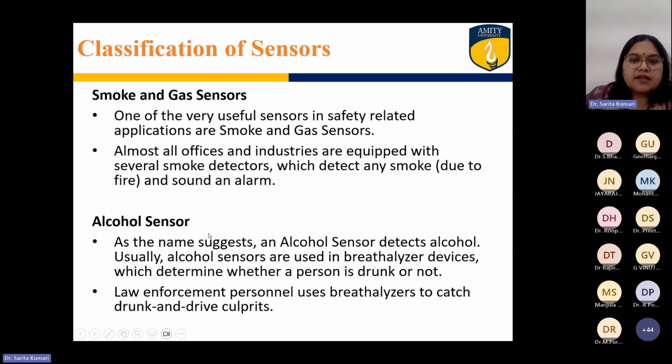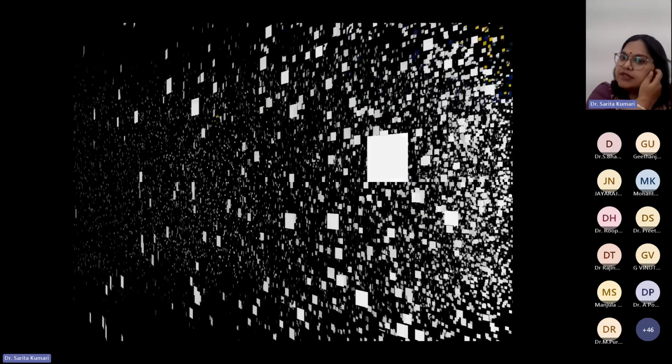Then we have the alcohol sensor. Here we use breath analyzer devices to determine whether a person is drunk or not. That is very useful for law enforcement and to stop drunk driving accidents. It is a useful sensor which is being used nowadays.